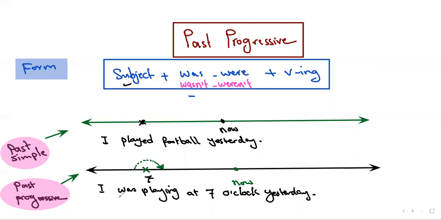I use it to indicate that this action was in progress at a specific time in the past. So the difference between the two sentences is at 7 o'clock. This is the difference between past simple and past progressive.